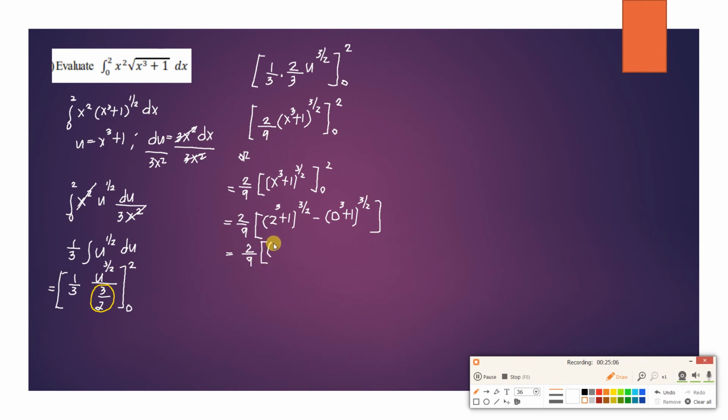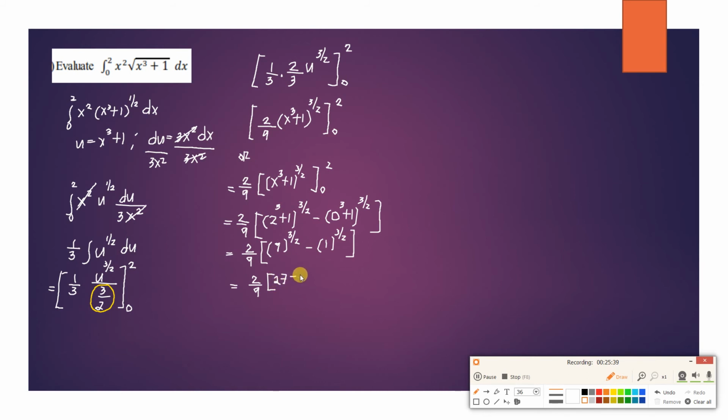Okay, 2 raised to 3. 2 times 2, 4 times 2, 8. Plus 1, 9. So, 9 raised to 3 halves. Minus 0 raised to 3 plus 1 is just simply equals to 1 na lang. Raised to 3 halves. So, what is 9 raised to 3 halves? Okay, so paano natin simplify 9 raised to 3 halves? 9 raised to 3 halves is 27.